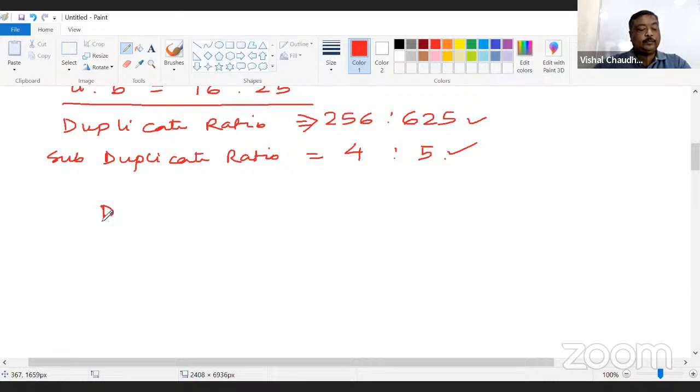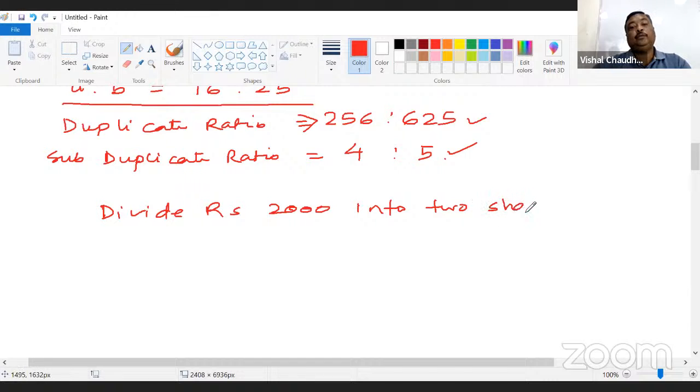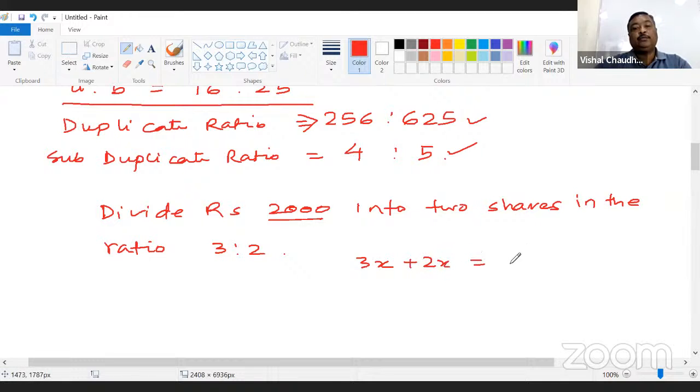Simple question. Divide rupees 2000 into 2 shares in the ratio 3:2. I will consider the first number as 3x and second number as 2x.